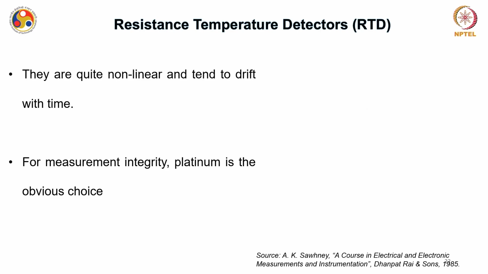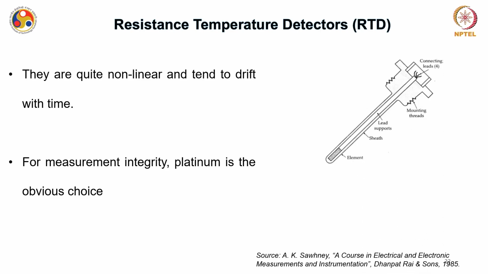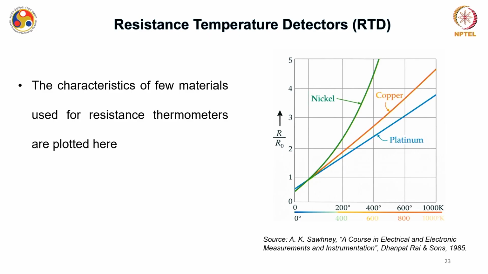These devices, the nickel alloy and others, are quite non-linear and tend to drift with time. So for measurement integrity, you have only one choice, that is platinum, and that's how industry has mostly accepted platinum resistance thermometers for these applications.